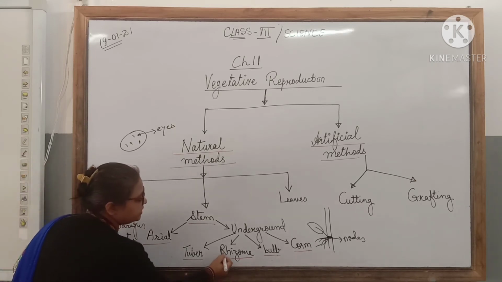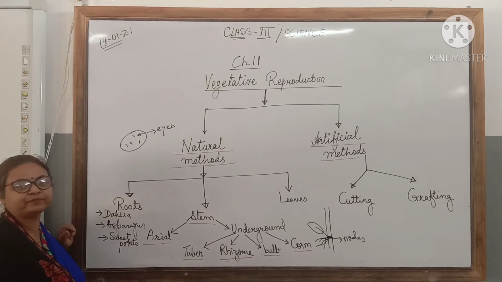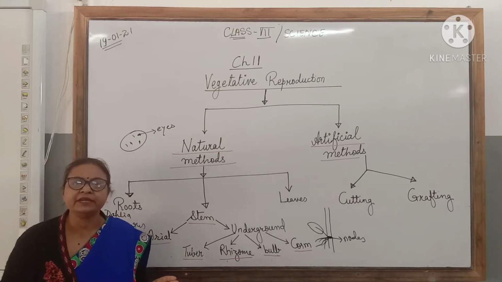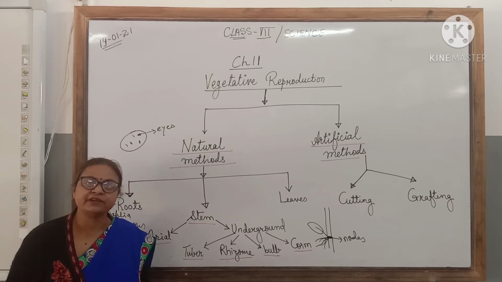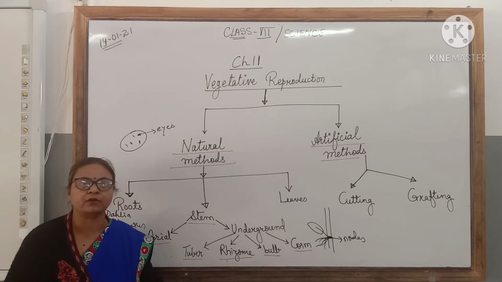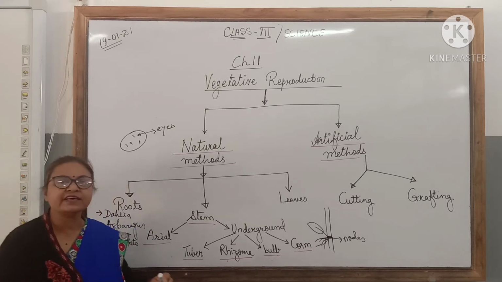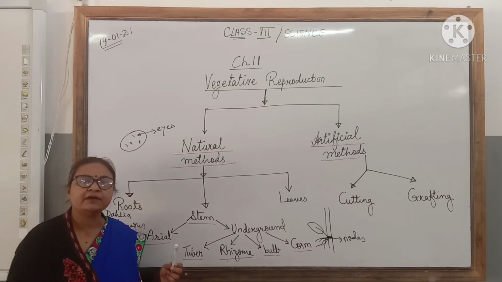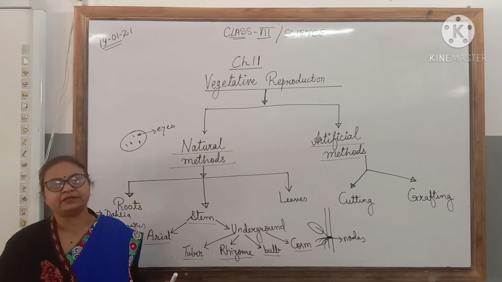Second type of underground stem is rhizome. Children, I hope you all have seen ginger, right? Ginger is an underground stem which grows irregularly flat in the ground. It also has nodes and internodes which help in producing new plant.